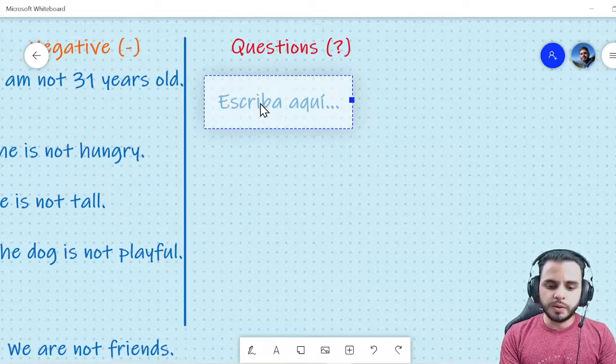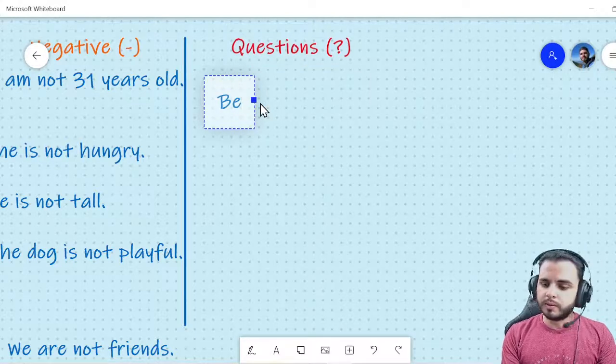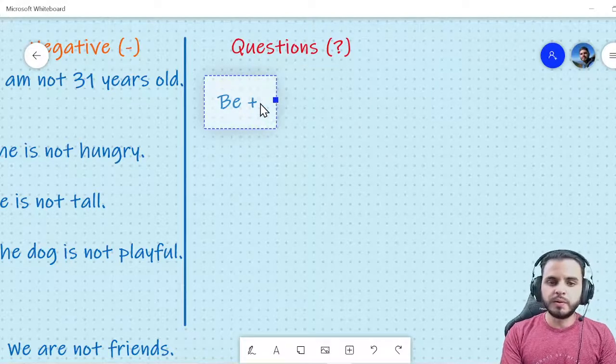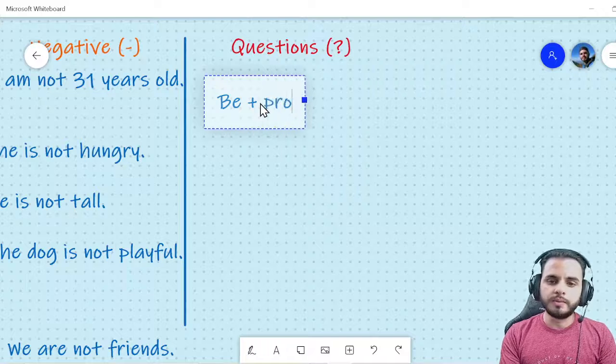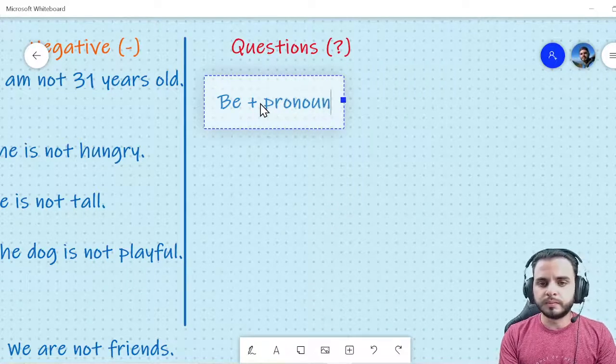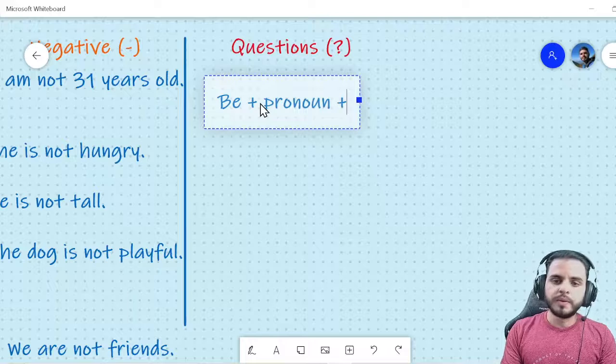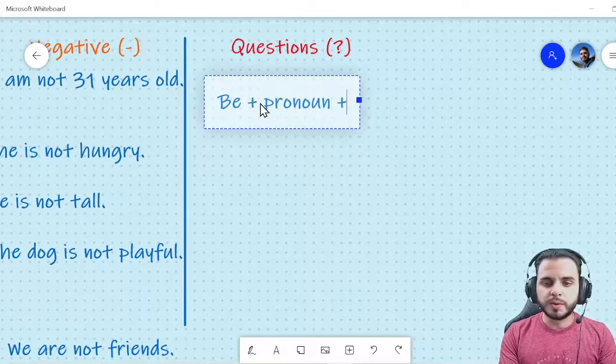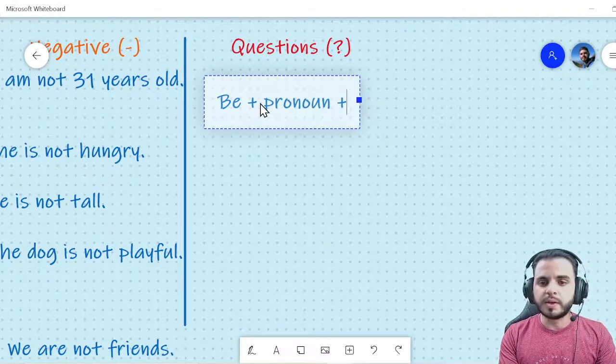We are going to use the verb be first. Then we're going to use the pronoun, and then the rest of the sentence or the complement, right?